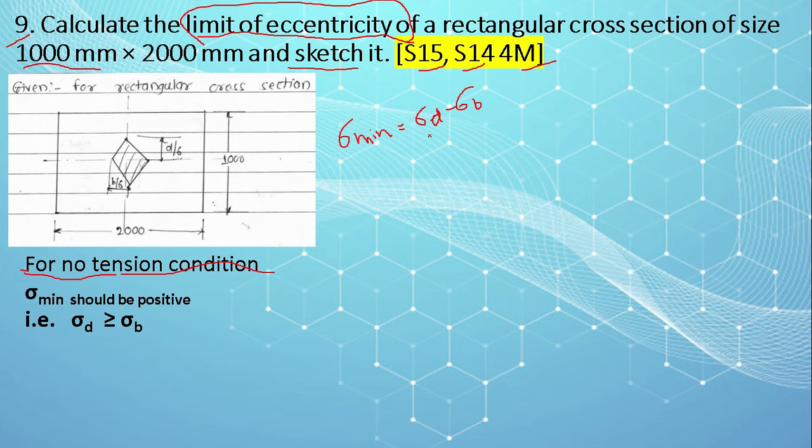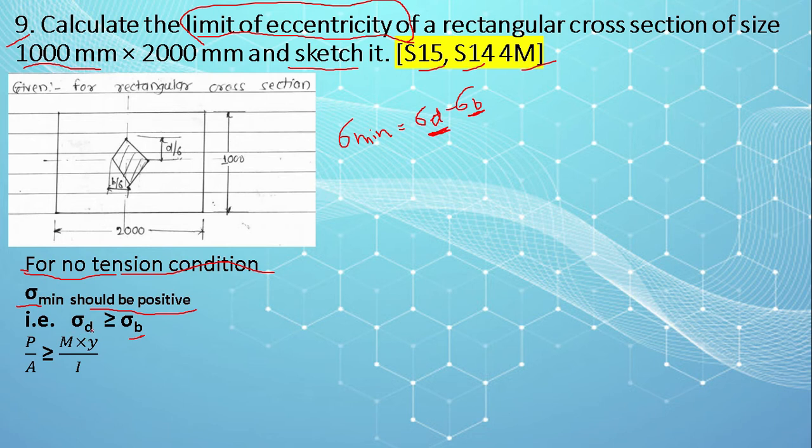That means this direct stress must be greater than this bending stress. In that case only this sigma min will be positive. So sigma d should be greater than or equal to sigma b.